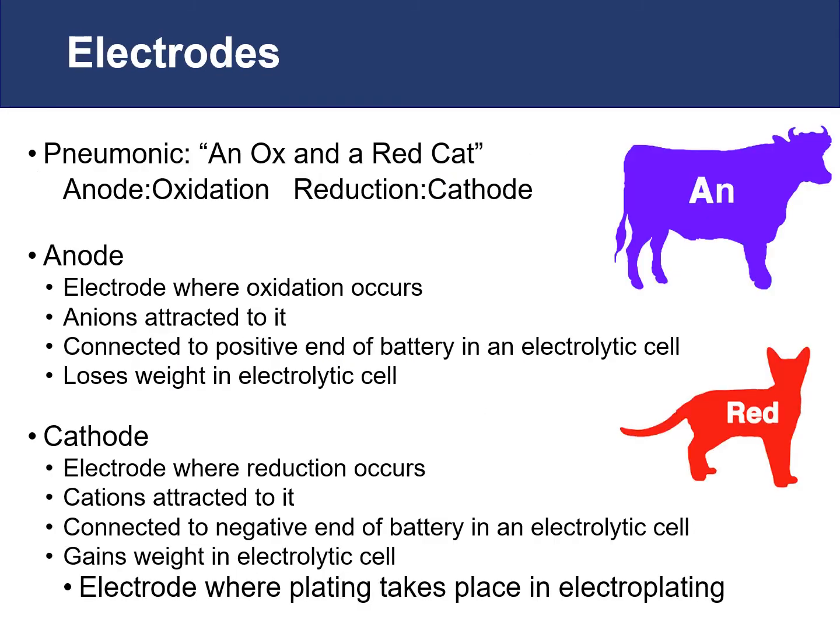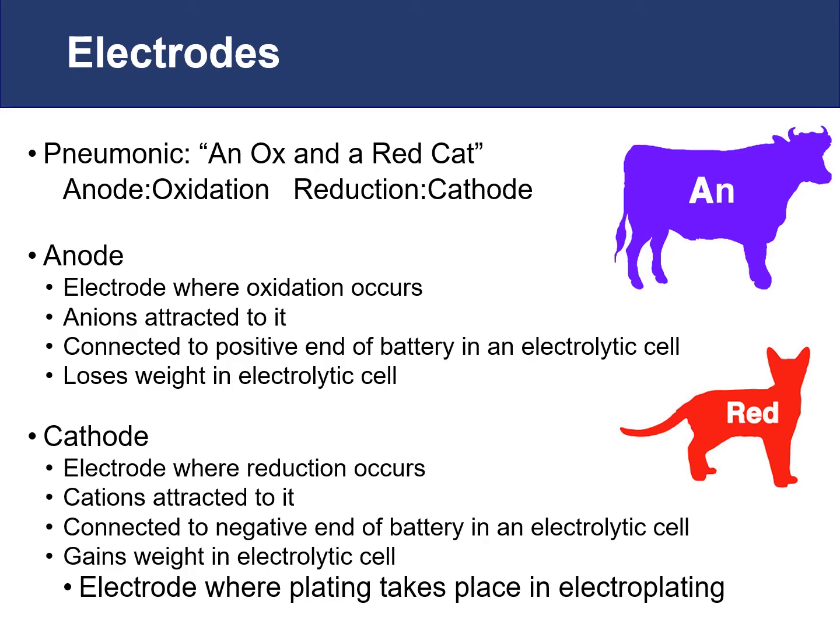Now, the components of an electrochemical cell that are responsible for the transfer of the electrons between the oxidation component and the reduction component of your reaction are called the anode and the cathode. There are a bunch of different acronyms for remembering which electrode does which.